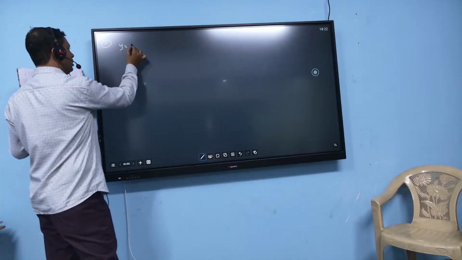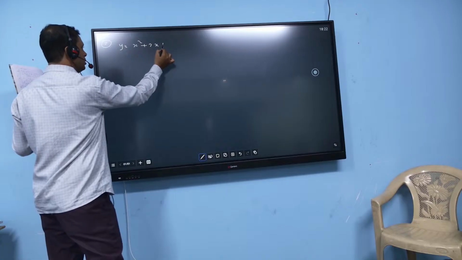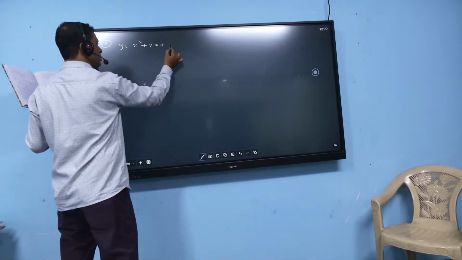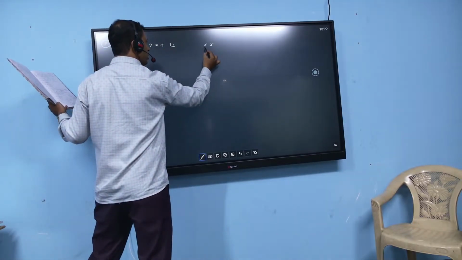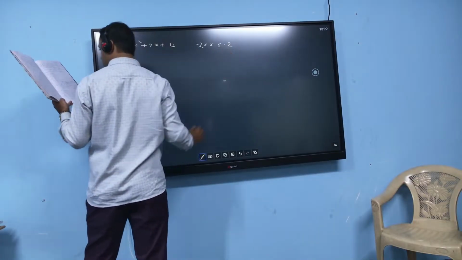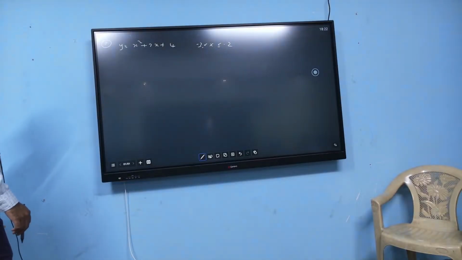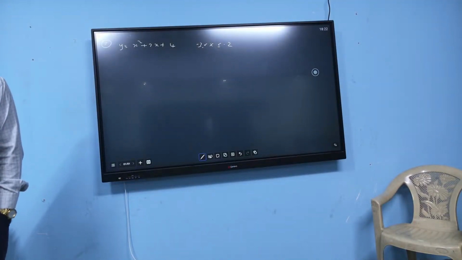Y is equal to x square plus 2x plus 4, x is greater than or equal to minus 3 and less than or equal to minus 2. Check. Will you tell me the answer? Yes, do it.